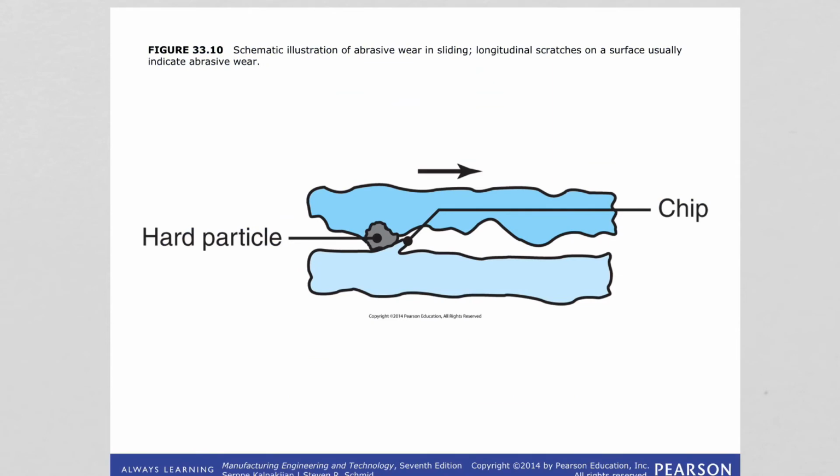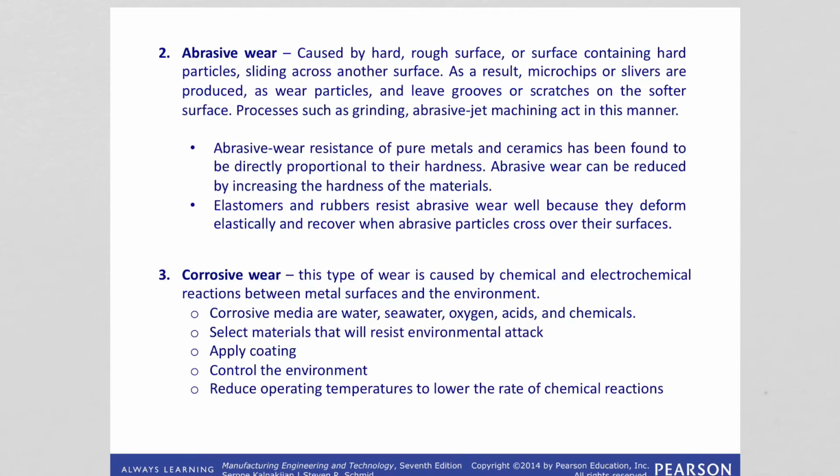This is an illustration of abrasive wear in sliding, where a hard particle slides across another surface and produces microchips. The abrasive wear resistance of pure metals and ceramics has been found to be directly related to their hardness, and therefore abrasive wear can be reduced by increasing the hardness of the materials involved, or by reducing the normal load.